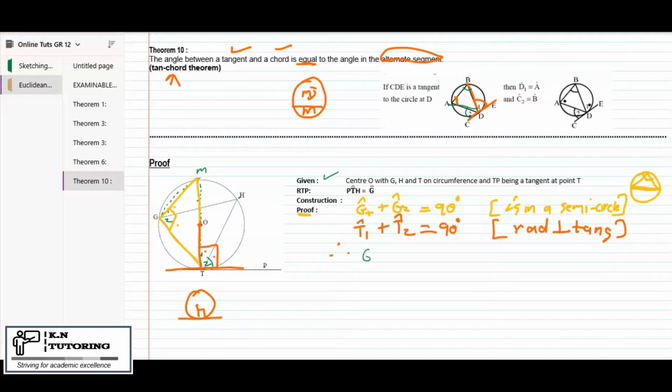Therefore G1 plus G2 is equal to T1 plus T2. There's no need for a reason here; this is just algebra. If this equals that and this equals that, the two are equal. Now I'm going to say something very important. I want you to look at this.